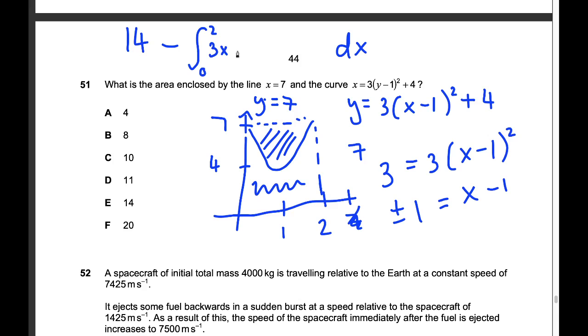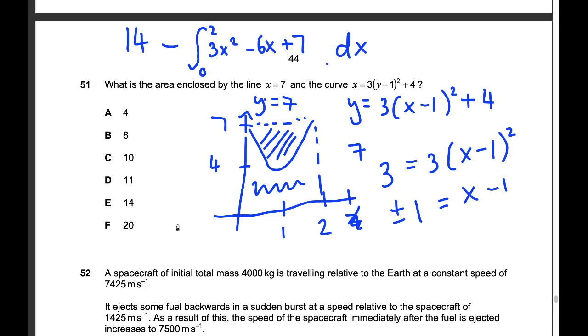3x squared minus 6x plus 7. Okay, so if we do this, what's it going to become?